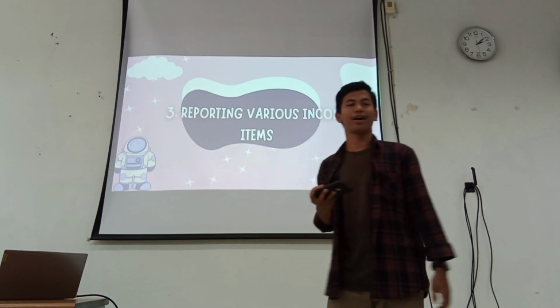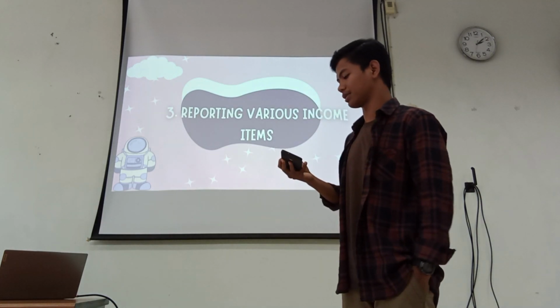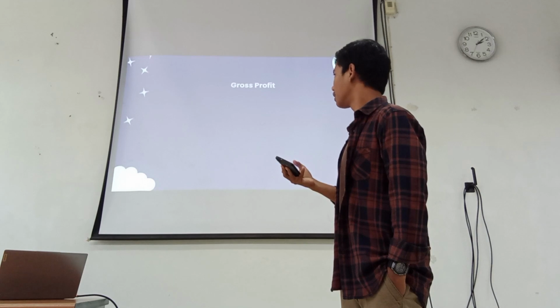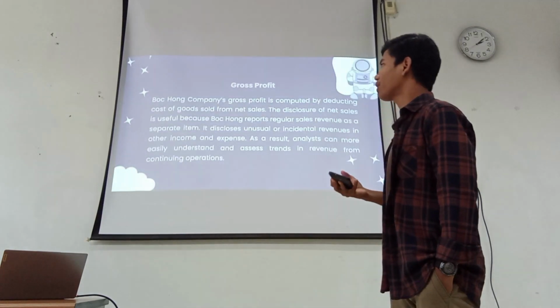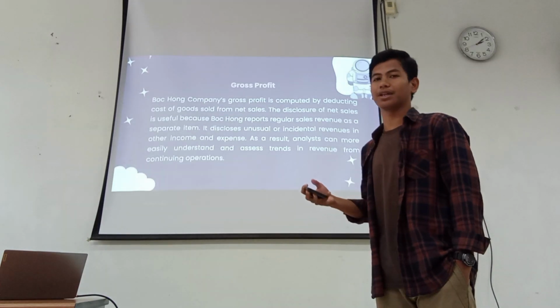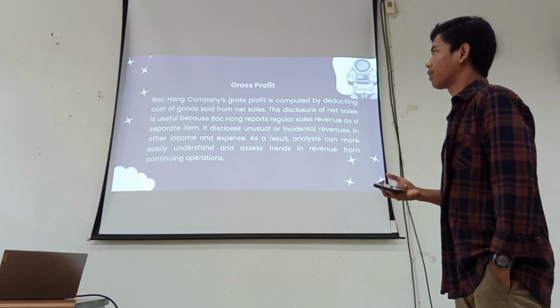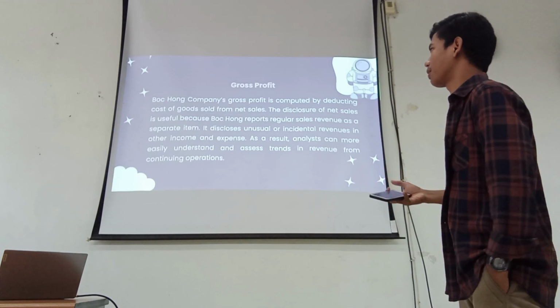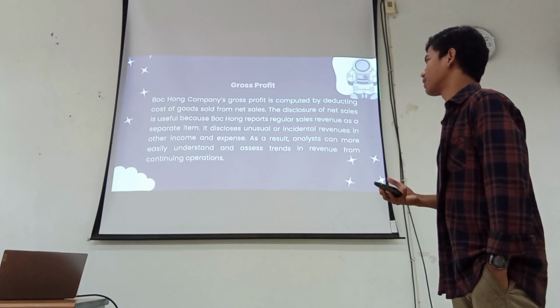Thank you. So here I'm going to explain about reporting various income items. The first is gross profit. For merchandising companies, which were explained before, the gross profit is computed by deducting cost of goods sold from net sales.